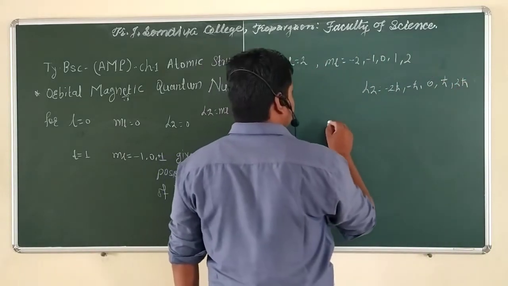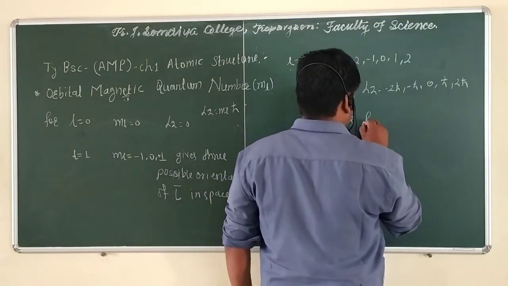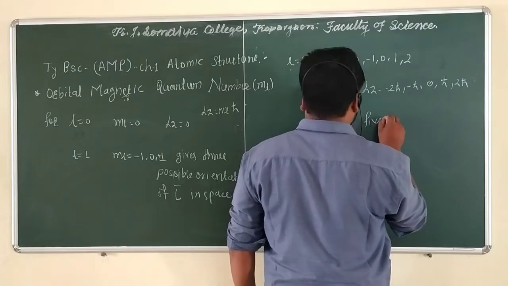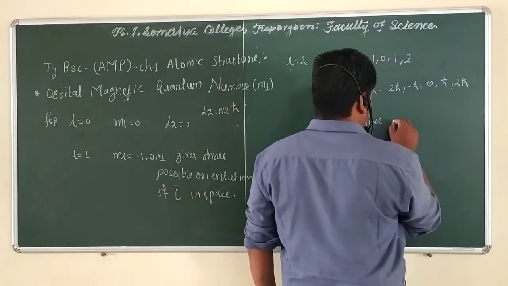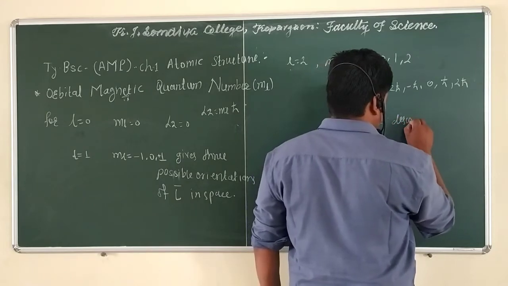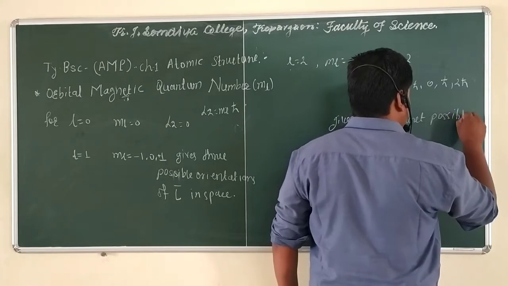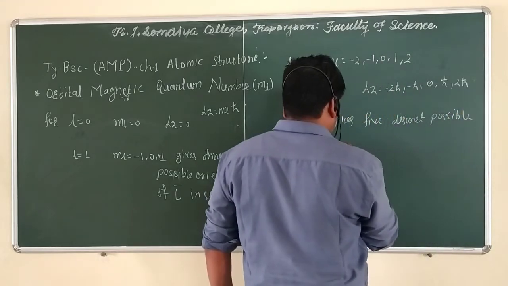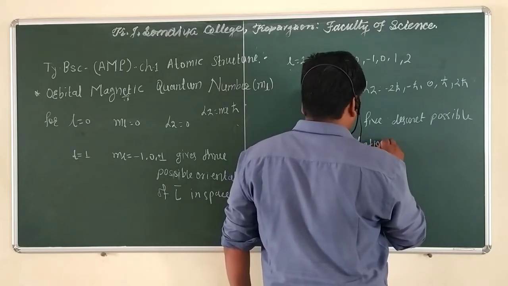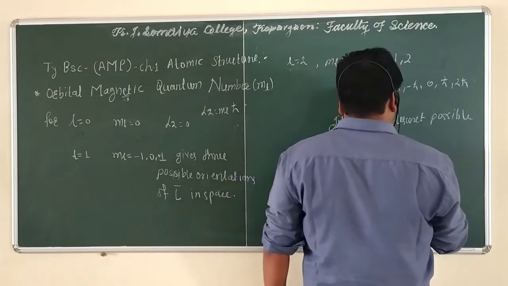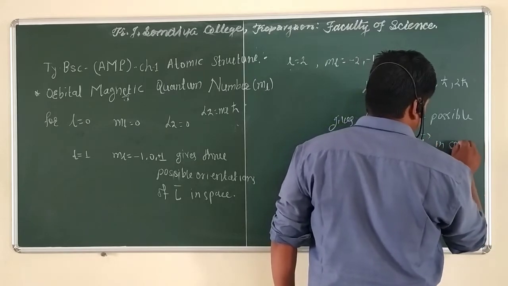So that gives 5 discrete possible orientations of L bar in space.